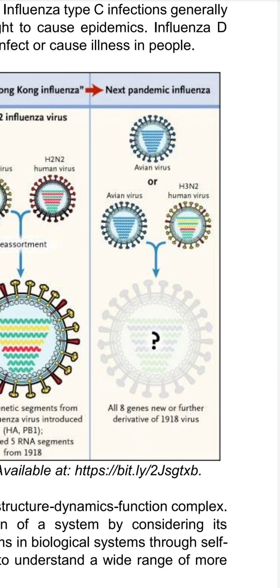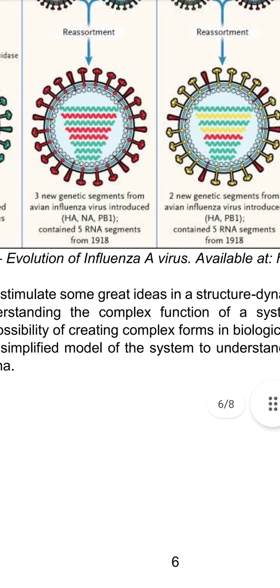And the next pandemic influenza is the avian virus and H3N2 human virus. All 8 genes new or further derivatives of 1918.